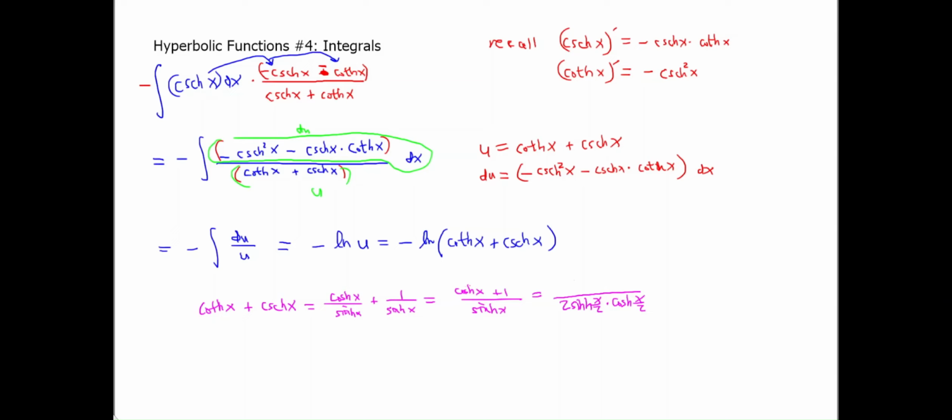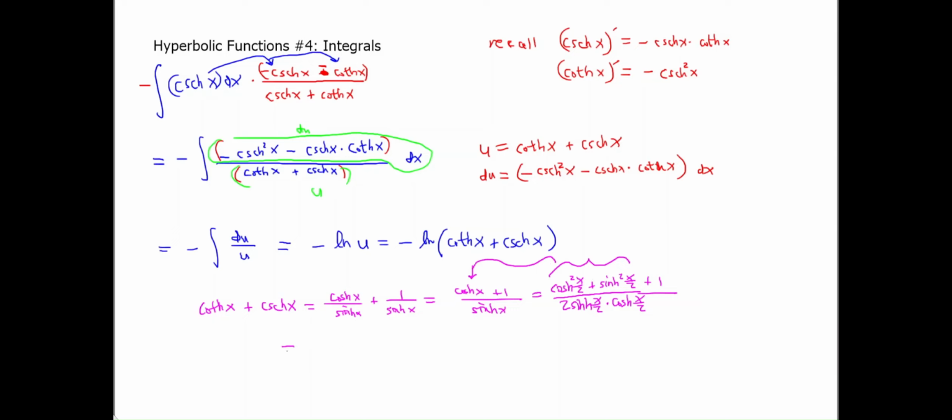In the numerator, I used an identity for cosh x, a very similar double angle looking identity. So I'm going to have x over 2 there, cosh squared plus sinh squared. So this part is that double angle identity for cosh x.